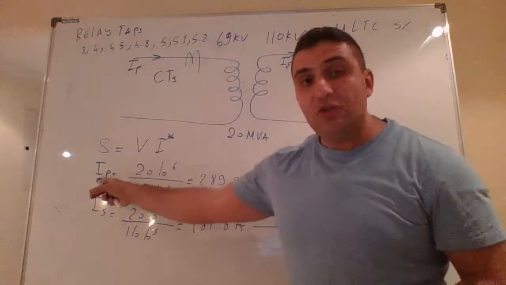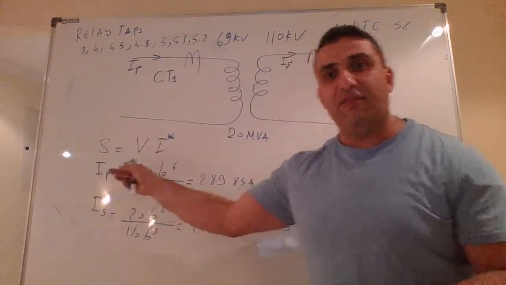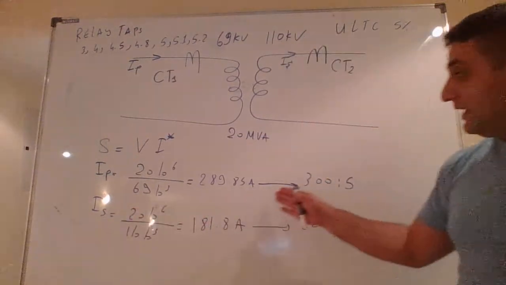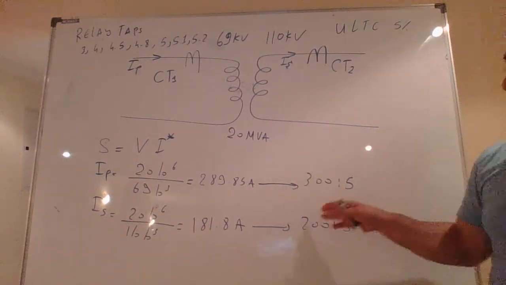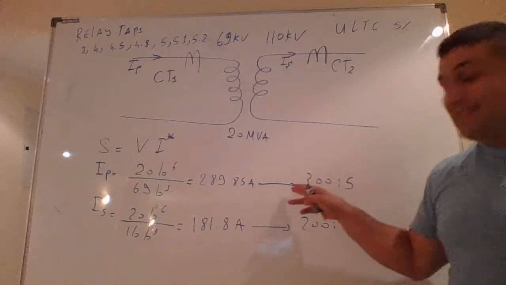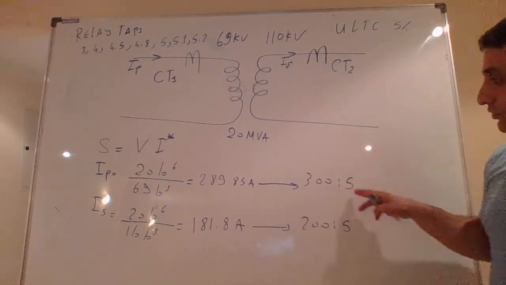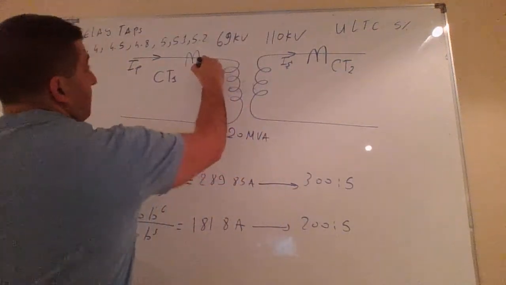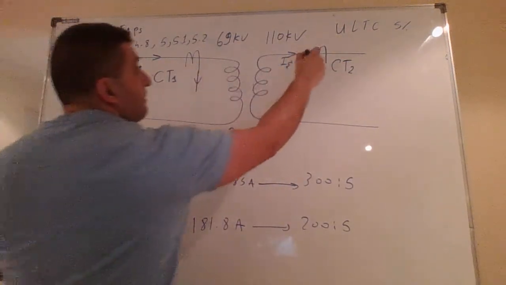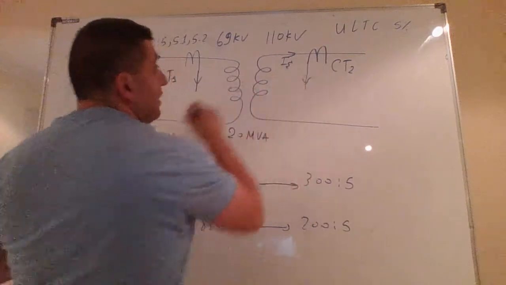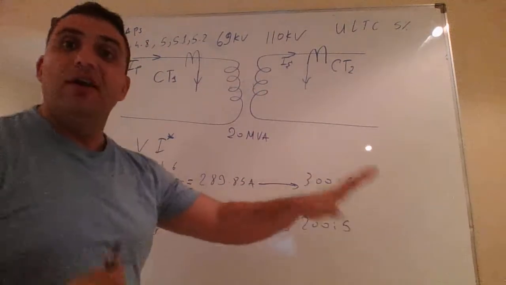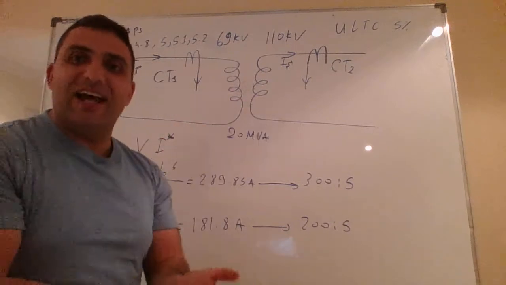I find the magnitude of the primary current and of the secondary current. Both lead me to specify the actual CT ratio, 300 to 5, which means under perfect conditions, the current will never exceed 5 amps under rated condition. It will only exceed it under fault condition.